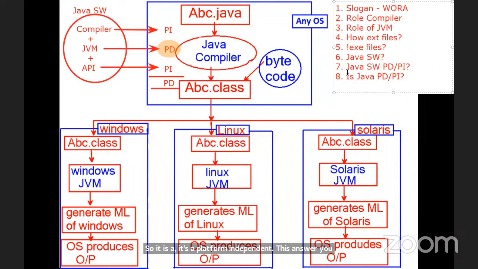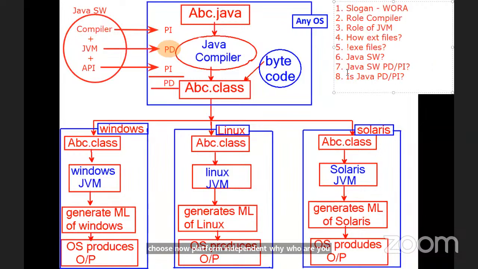Clear my point? Right. Now, if it is an objective round question, there is no interviewer to explain. Is Java option number 1 platform dependent, or option number 2 platform independent? Which option do I have to choose? Platform independent. Why? Who are you? A developer, a Java program developer, not a Java software developer.